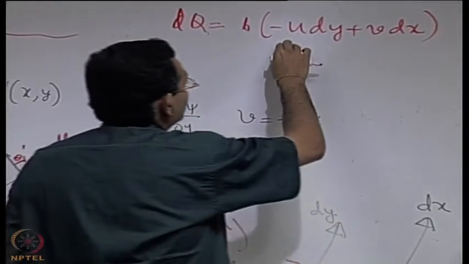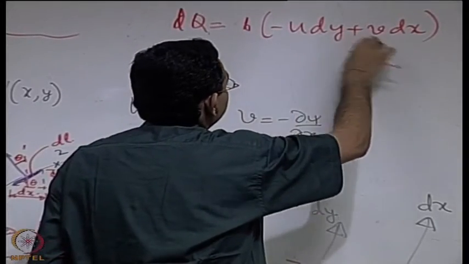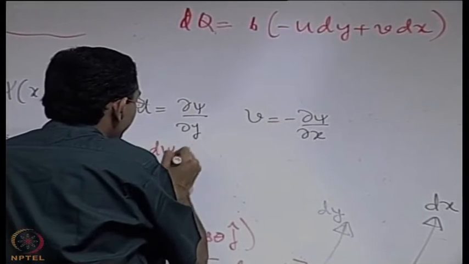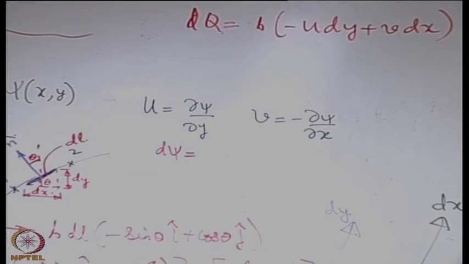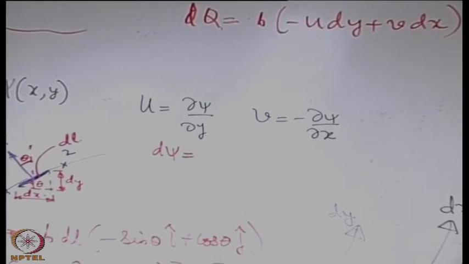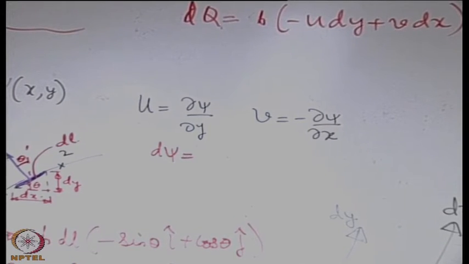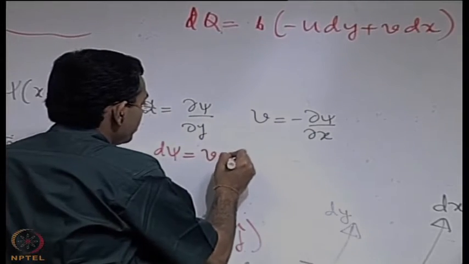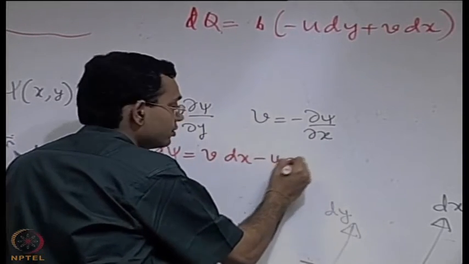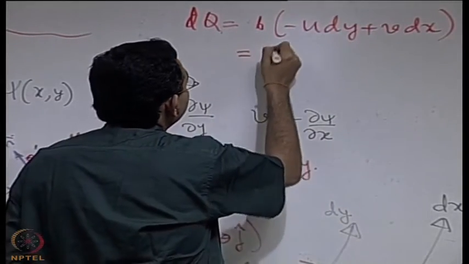Try to find out its relationship with the expression for d psi that we derived just in the previous lecture. What was d psi? So, it was v dx minus u dy. So, this is nothing but b into d psi.